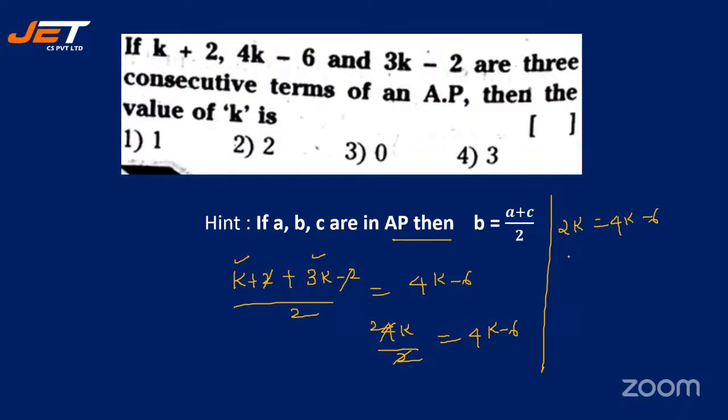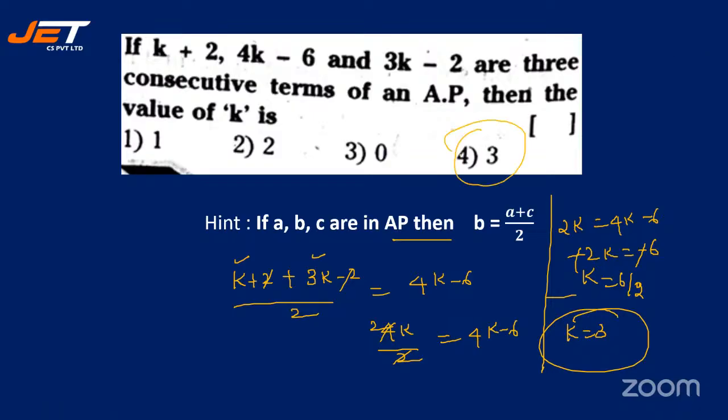So 2k minus 4k is minus 2k is equal to minus 6. Minus minus gets cancelled. k is equal to 6 by 2, which implies k is equal to 3. So your option must be 4 and your answer must be 3. All right. So if you had opted for option 4, then your answer is correct. Let's see. Yes. All right.